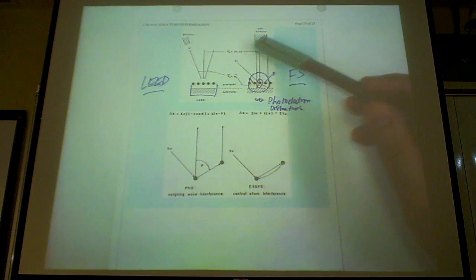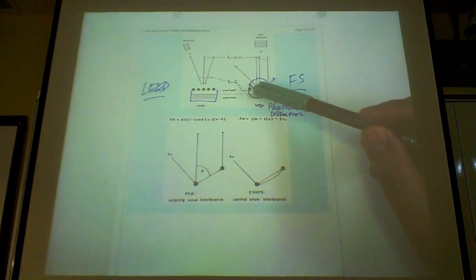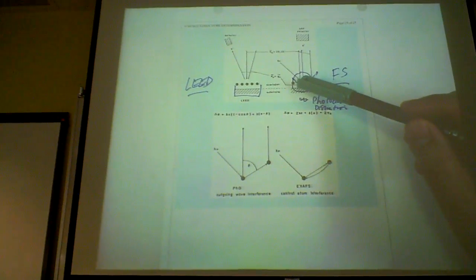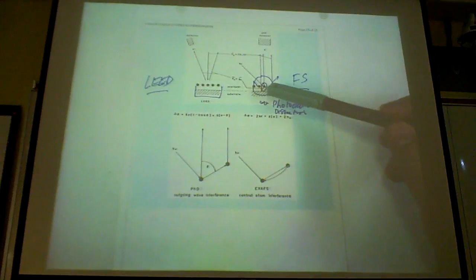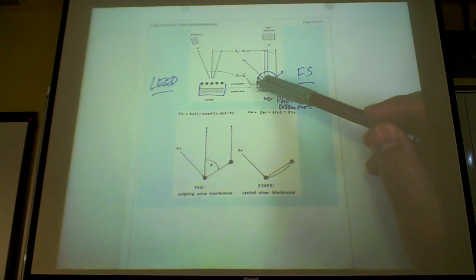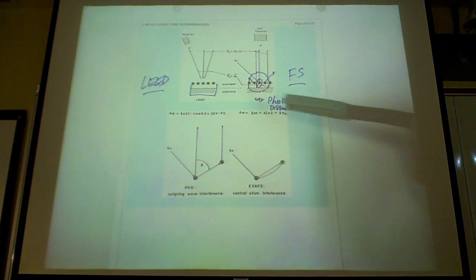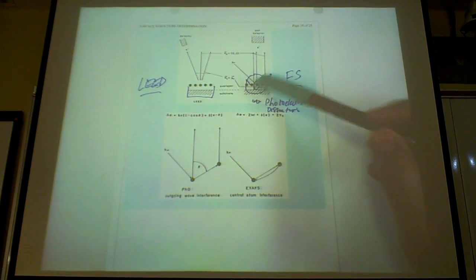In other words, the photon comes in, creates a photoelectron, and this photoelectron will scatter around. So in the case of XAFS, the interference of the incoming light with the photoelectron wave gives you the fine structure phenomena.